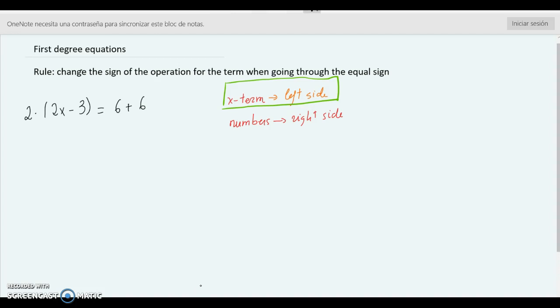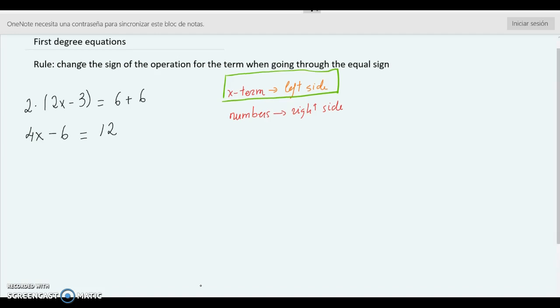So if we have a multiplication, we do 2 times 2x for x. And now 2 multiplied by minus 3, minus 6, equals 6 plus 6 is 12. I only have one x, and this is on the left side. Perfect.